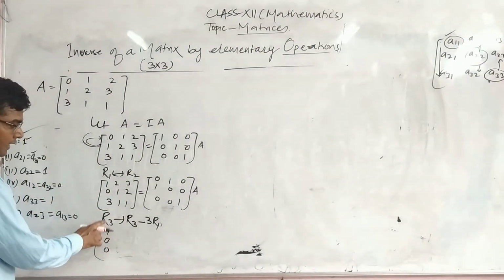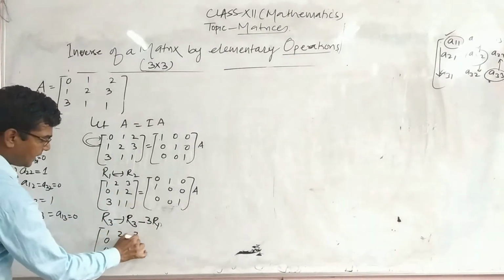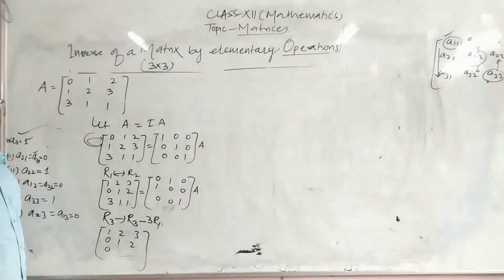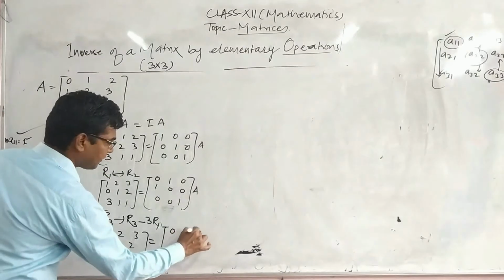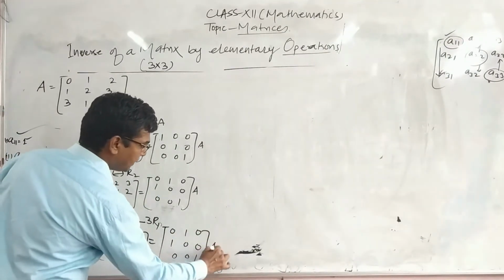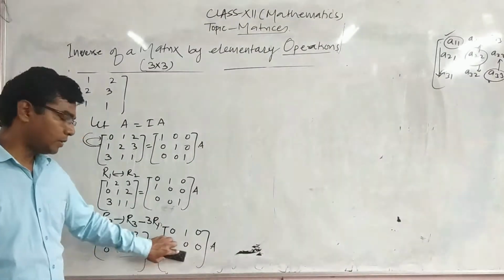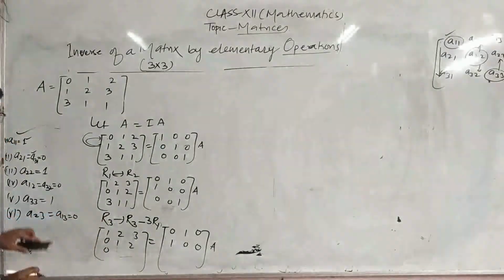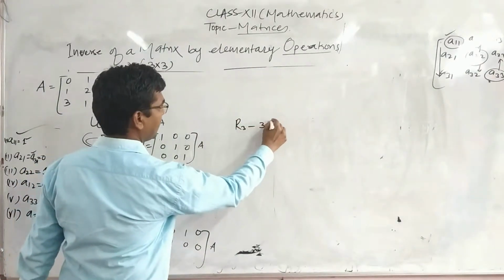And R1 and R2 will remain as they are. So only the change will be in row number 3. Now this is our operation R3 minus 3 R1.